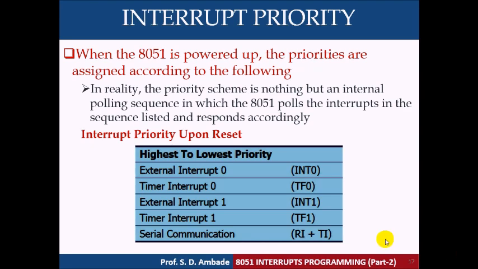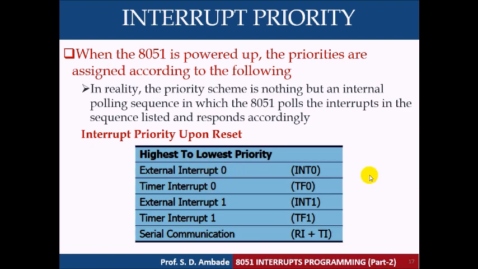For example, if timer interrupt 1 and external interrupt 0 both request interrupt at the same time to the microcontroller, then the microcontroller should serve external interrupt 0 first, as it has the highest priority of interrupt.